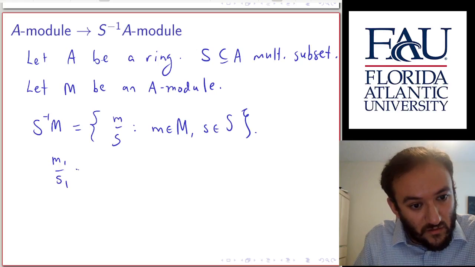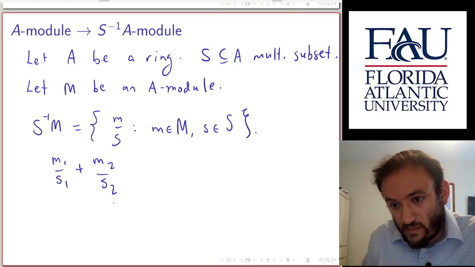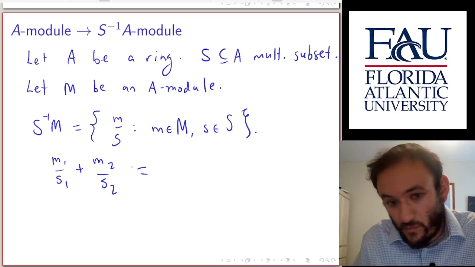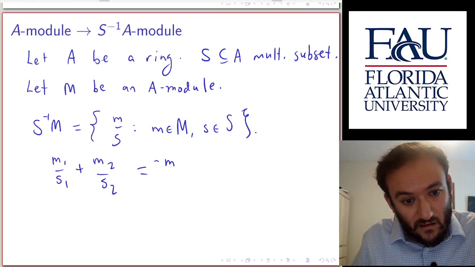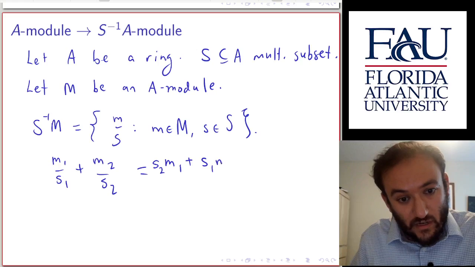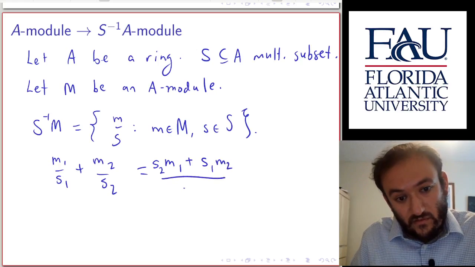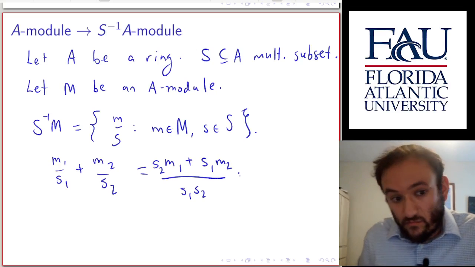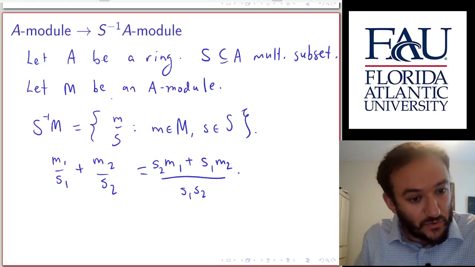So M1 over S1 plus M2 over S2, you can use the rules of addition from the ring and get S2 M1 plus S1 M2, divided by S1 S2. Certainly you can scale module elements. So that's how you add elements of this new localized module.